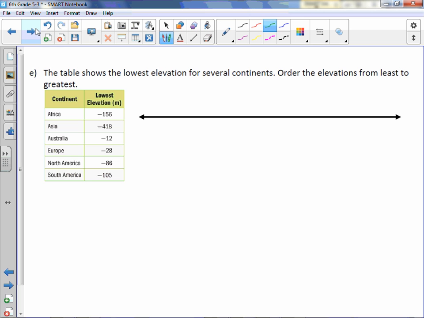The table shows the lowest elevation for several continents. Order the elevations from least to greatest. Looks like they're all negative, so I'm going to put my 0 over to the right on the number line. It doesn't matter where you put it. Negative 156, we'll say somewhere right here. Negative 418 is way further down the line. Negative 12 is pretty close here.